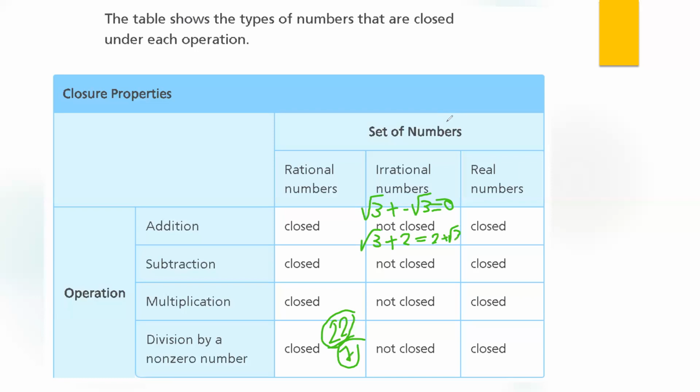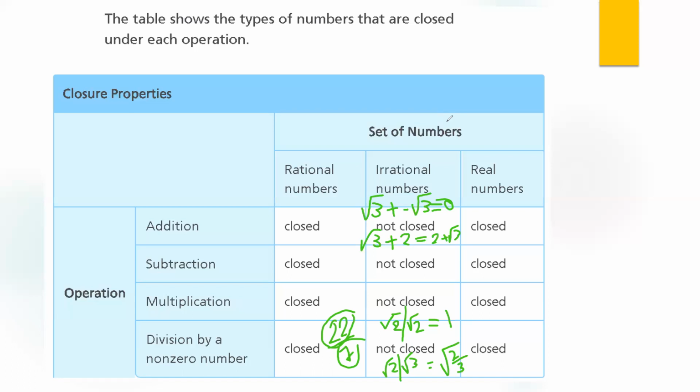It's the same for subtraction, multiplication, and division. For division, square root of 2 divided by square root of 2 is 1, so when you divide two irrational numbers, the answer can be rational. And sometimes it is still irrational. That's why I say not closed, meaning sometimes rational and sometimes irrational.